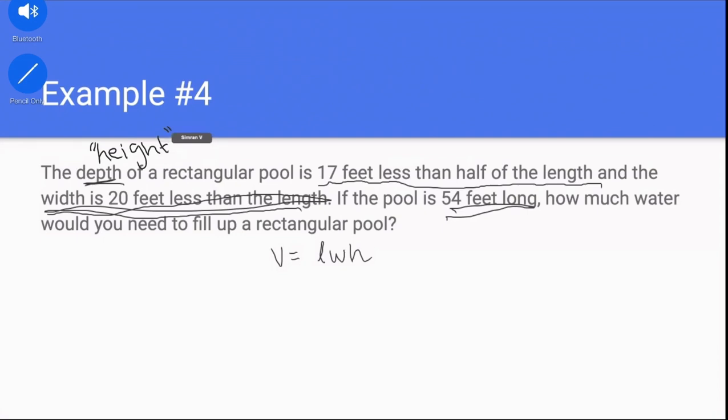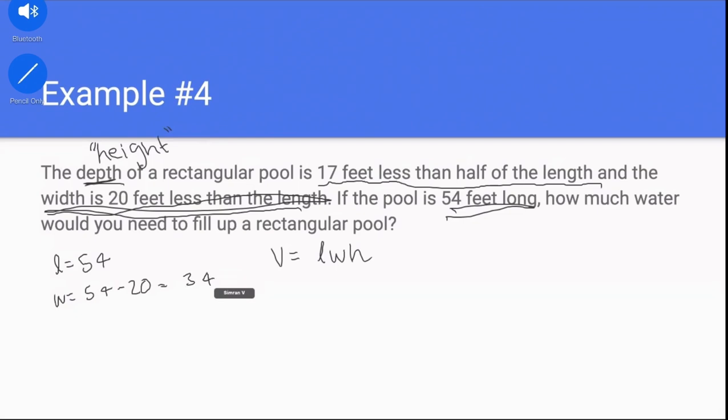And that's going to be 17 feet less than half of the length. And the width is 20 feet less than the length. So the length is 54 feet long. Now to find the height and the width. So now finding the width, we're going to set up a little equation, 54 minus 20, and you get 34 as your width.